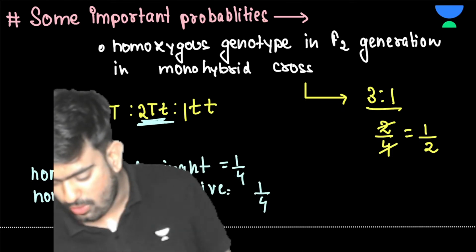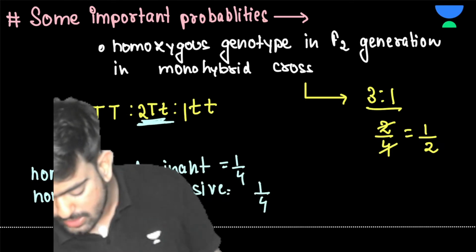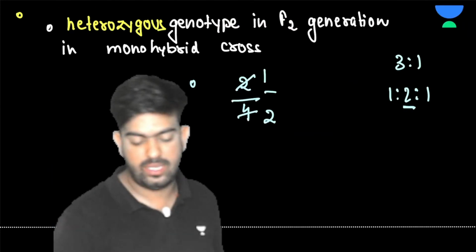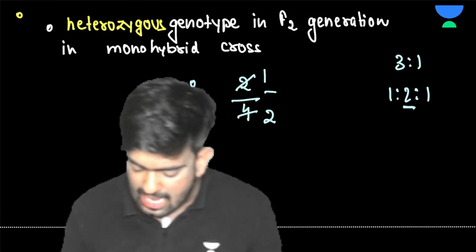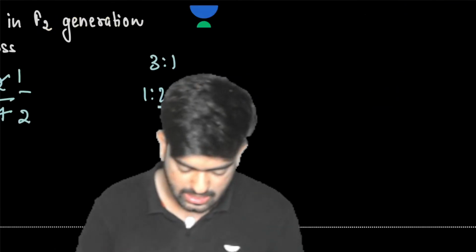Now let us move on and talk about the number of phenotypes in F2 generation. How can we calculate this, sir? See, suppose someone gives you a particular set of genotypes and asks how many phenotypes can be produced.